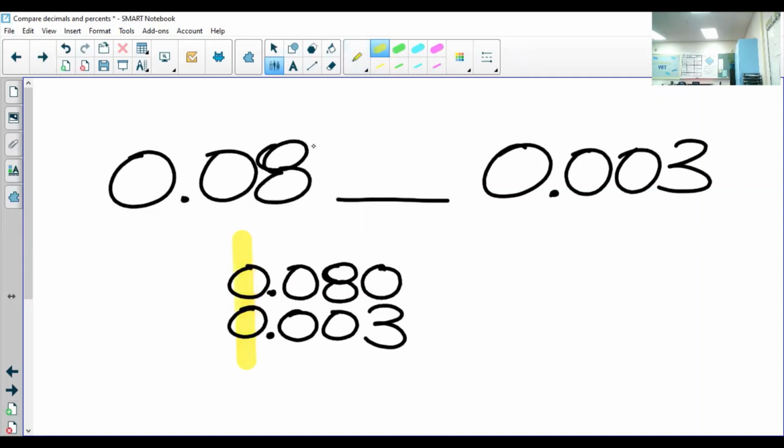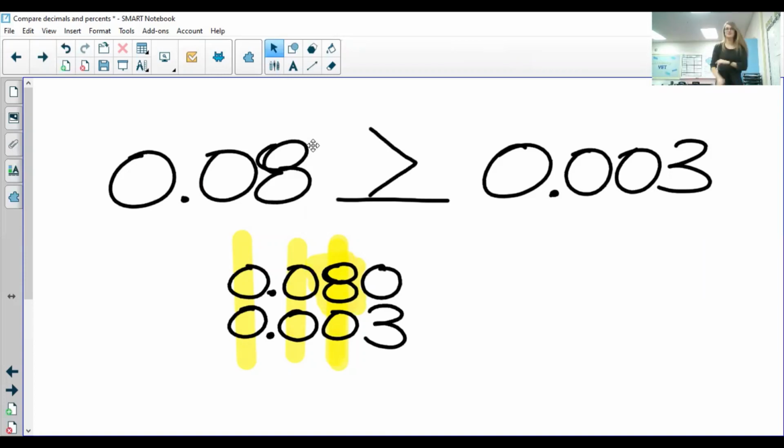My 1s, I have zeros, so they cancel out. My tenths place has zeros, so those are also going to cancel out. And then I'm going to look at my next column, the hundredths, and that's where we're going to be comparing. So what's bigger, 8 or 0? We know 8 is bigger, so we're going to use the greater than symbol to say that 8/100 is bigger than 3/1000.